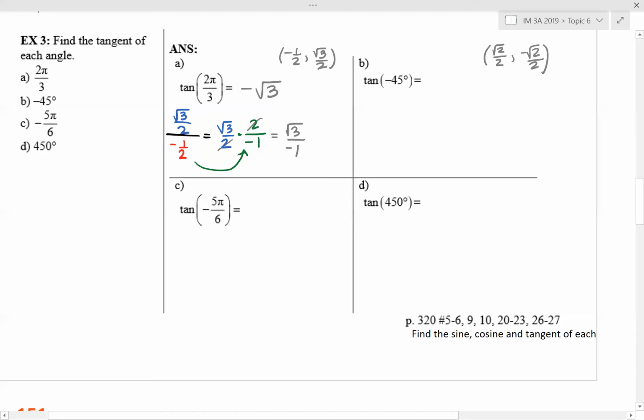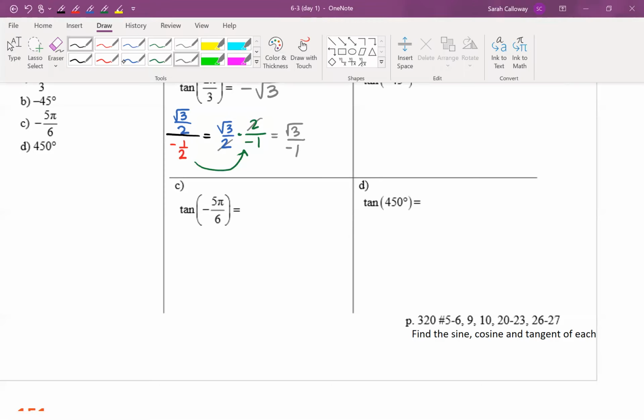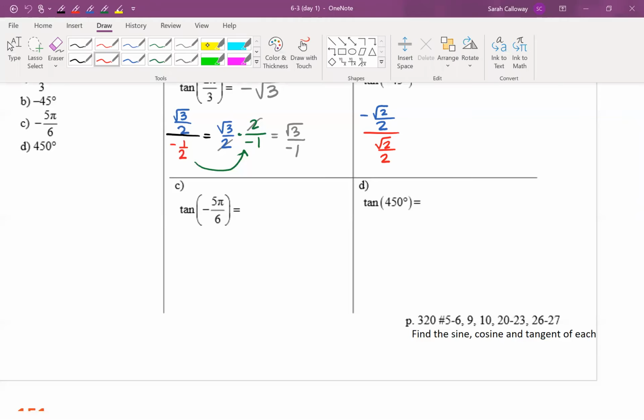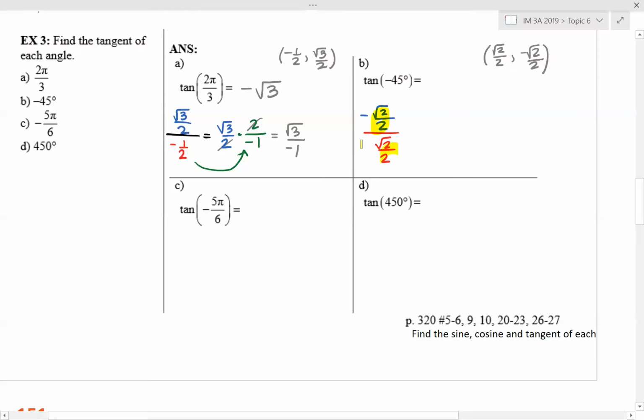And so tangent, again, is y divided by x. So that's going to be our negative radical 2 over 2 over the positive radical 2 over 2. And this one's actually pretty nice because radical 2 over 2 and radical 2 over 2 are the same.